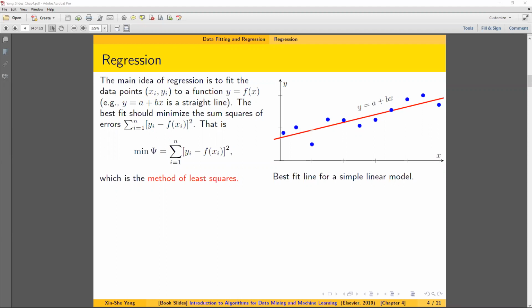That would be f(xi), and then we have yi. The distance between them would be this, right? This is the distance between yi and f(xi). We call this particular quantity the error term. It's also called the residual.